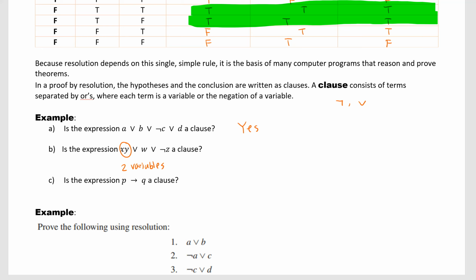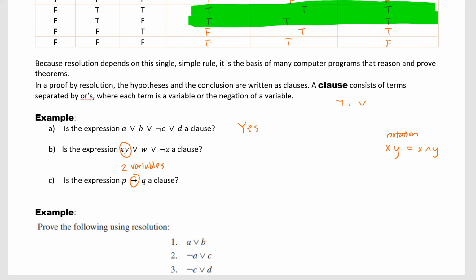And in many notations, if people don't write anything between them, XY actually means X and Y. Because we don't want to see and there, this is not a clause.